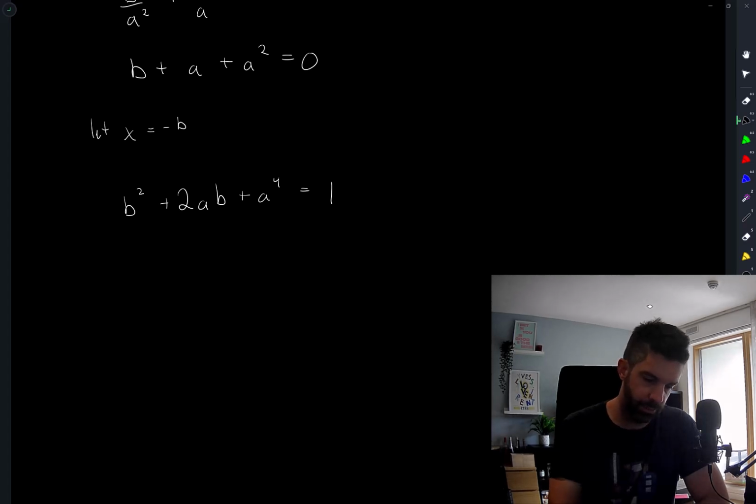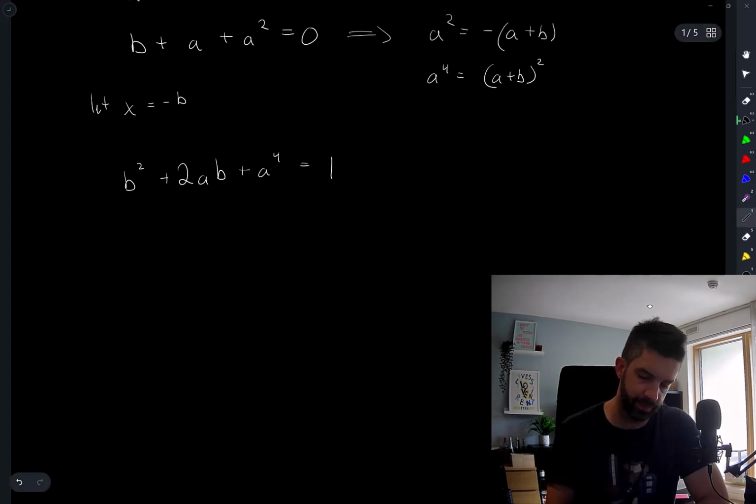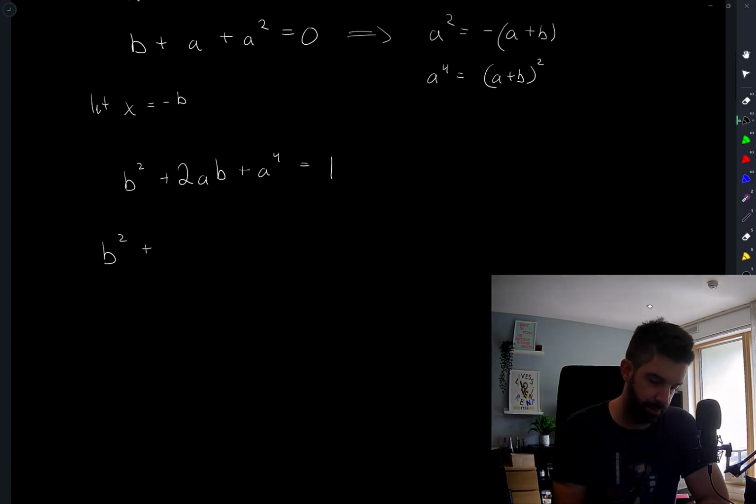You know what I could do is take this equation and write a squared is equal to negative a plus b. So then a to the 4 is equal to a plus b squared. And substitute that down here and see what we get. So we have b squared plus 2ab plus a plus b squared is equal to 1.